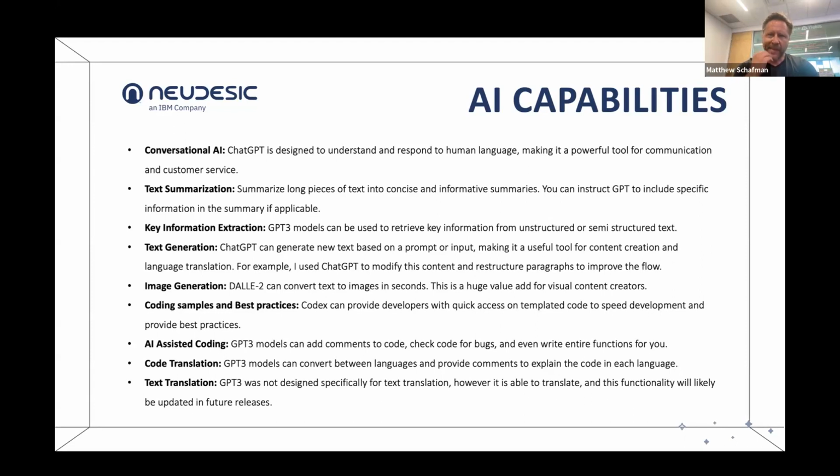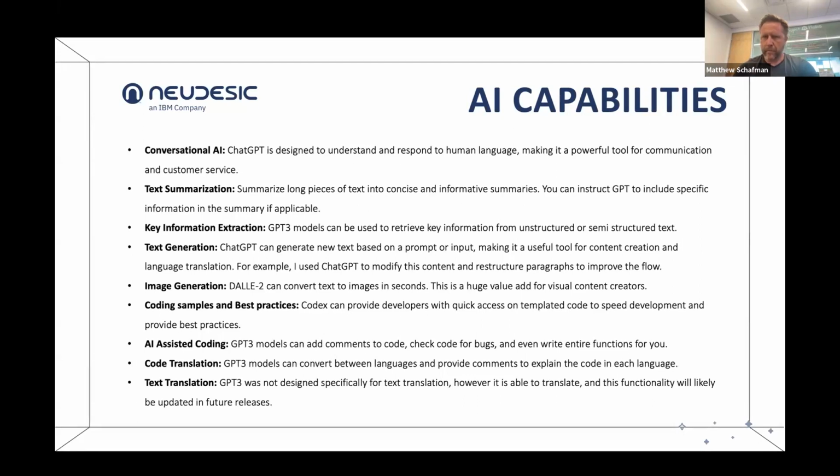Coding, right? At Neudesic, a lot of our experienced developers are using Copilot, a Microsoft product, to help them build out and develop code. You can also engage ChatGPT to create code for you, though a lot of the time it's inline coding or best practices.